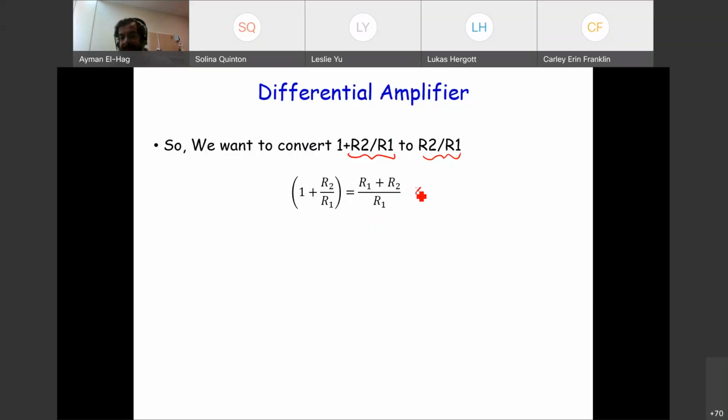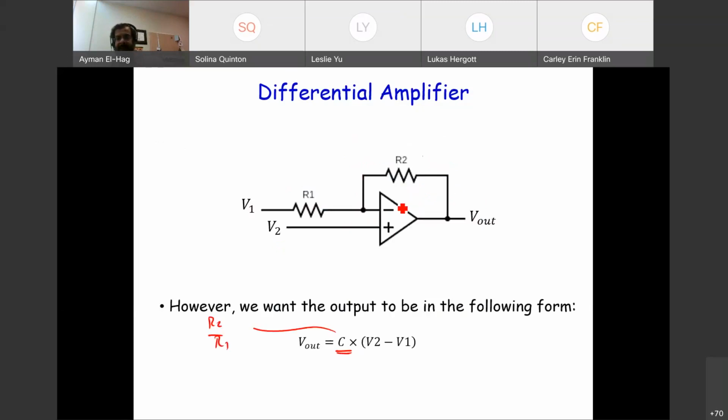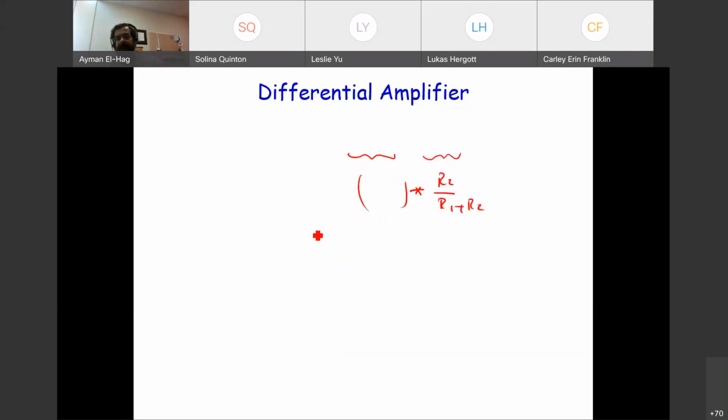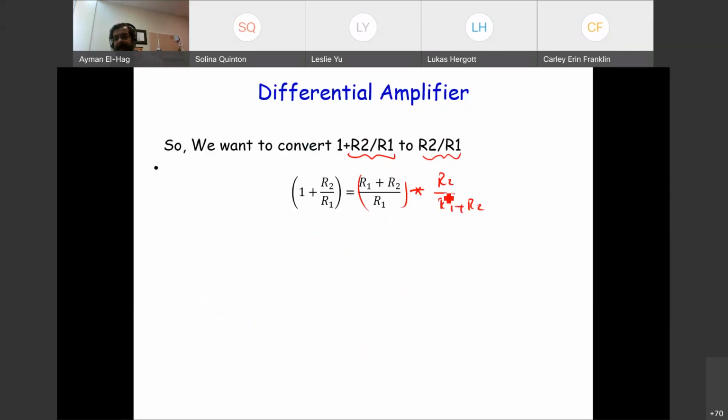So if I can multiply this somehow with R2 over R1 plus R2, if I can introduce some circuit here, so that this input, instead of having it as V2, will become multiplied by R2 over R1 plus R2, then I will achieve my goal.